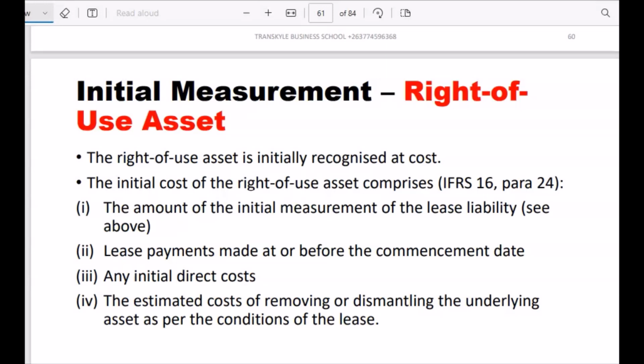The initial cost of the right of use asset comprises the amount of the initial measurement of the lease liability as above, then lease payments made at or before the commencement date, and initial direct costs, and the estimated cost of removing or dismantling the underlying asset as per the conditions of the lease. This is very, very essential, especially on multiple choice questions, and these should actually be cast on the stone of your heart.